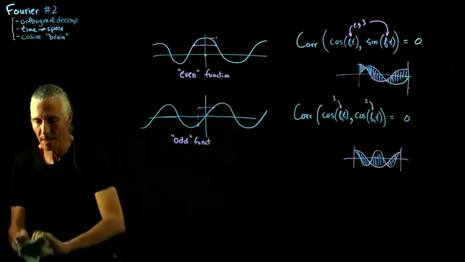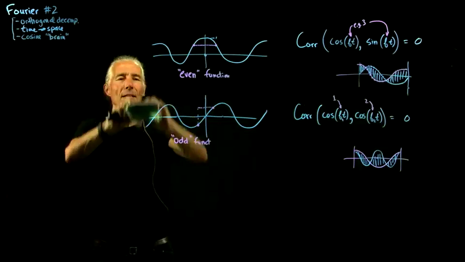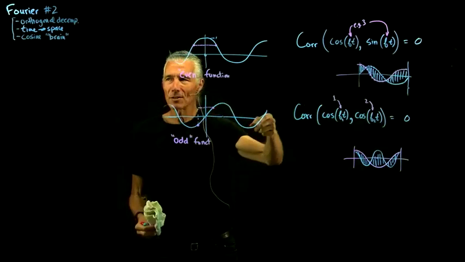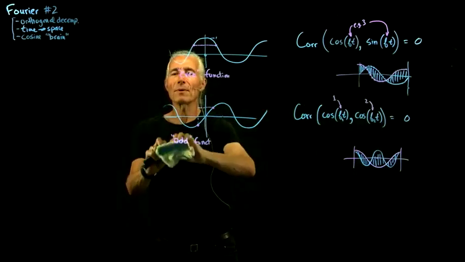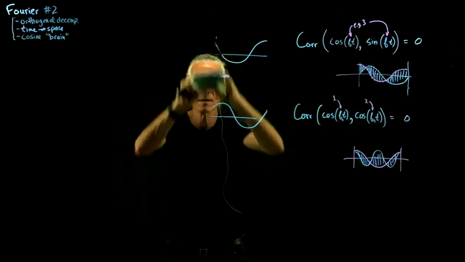Because what does spatial frequency mean? It just means some kind of sinusoidal variation in brightness across space. So there's no time involved anymore.